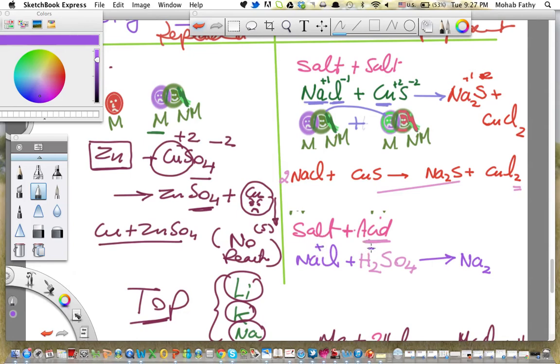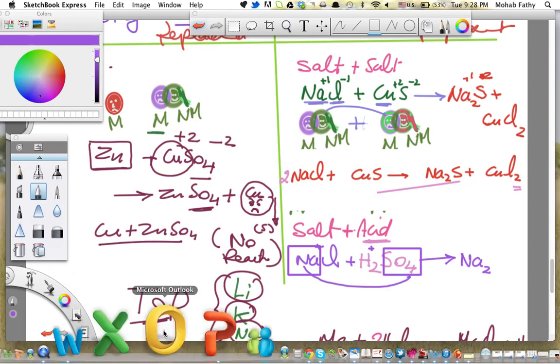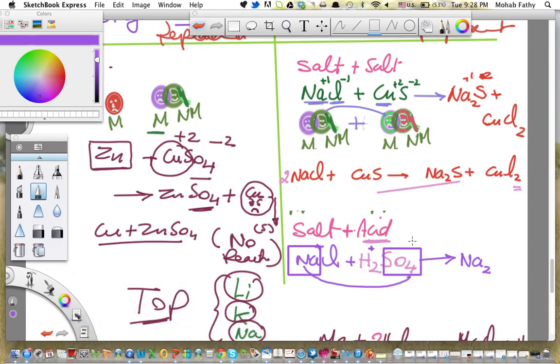The first will not be attached to the first. So Na goes with sulfate. The extremes will be attached to each other, the closer will be attached to each other. So the hydrogen and chloride will attach to each other.